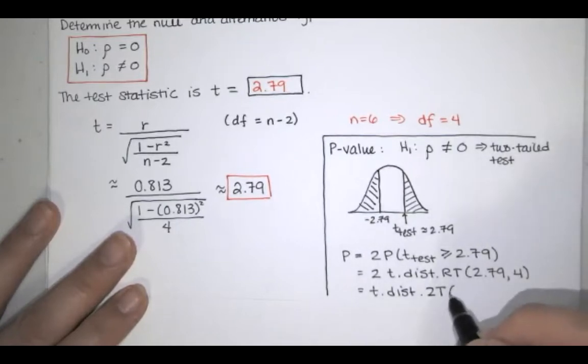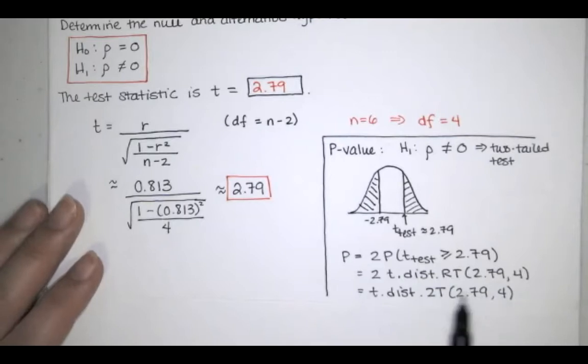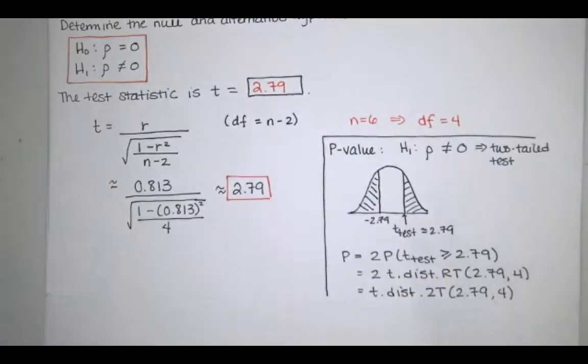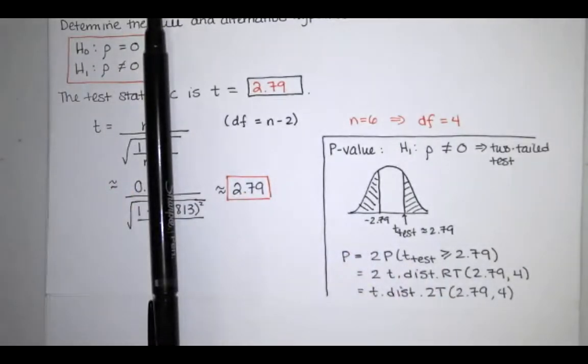That's going to make it a two-tailed test, and we'll have 2.79 and 4 degrees of freedom as well. The two-tailed test gives you the area in the nearest tail and then doubles it. And that's exactly what we're doing here. We're finding the area in the nearest tail and then we're doubling it. So we should get the same answer either way. So let's find out what that area is using Excel now.